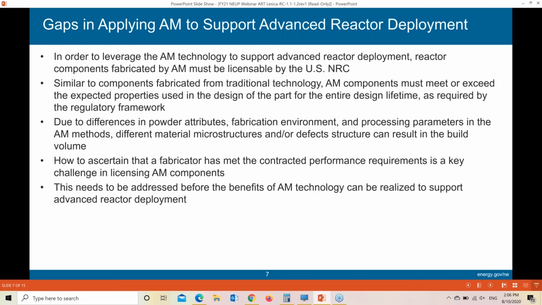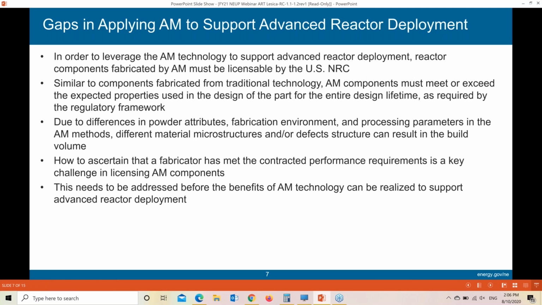And so how can we address the gaps that are keeping us in the nuclear industry from using additively manufactured components? In order to use this technology, the components need to be licensable by the U.S. Nuclear Regulatory Commission.